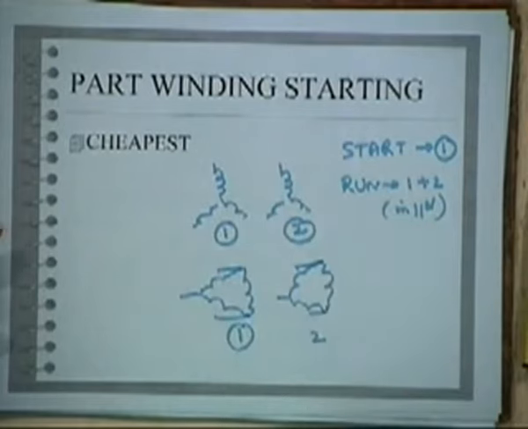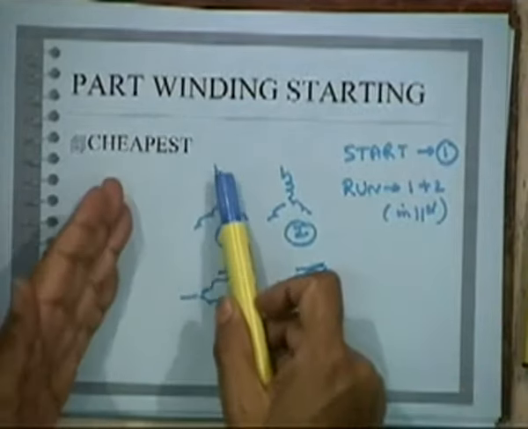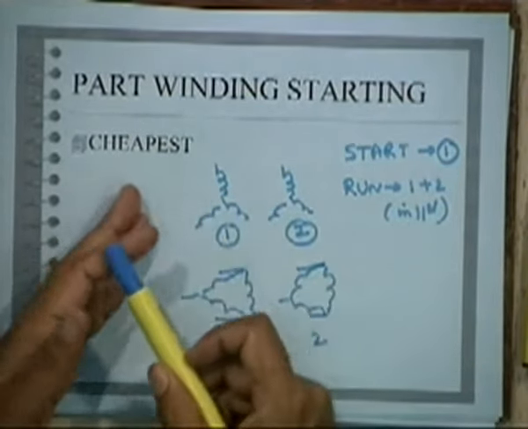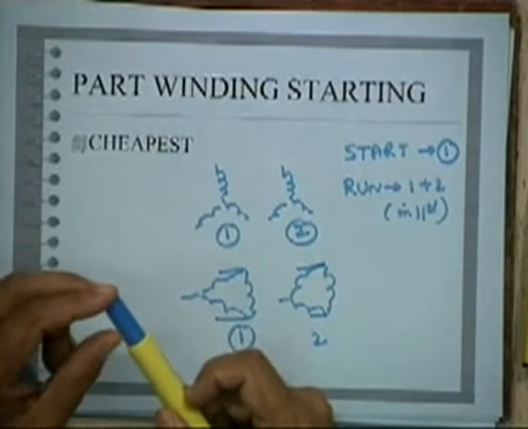So, only part of the winding is used for start to limit your starting current and torque. Okay. Since only one parallel path is being used in start, current drawn from the mains will be less. On run, both parallel paths are being used, and the current will be more. So that way you are limiting the current by sacrificing some torque.